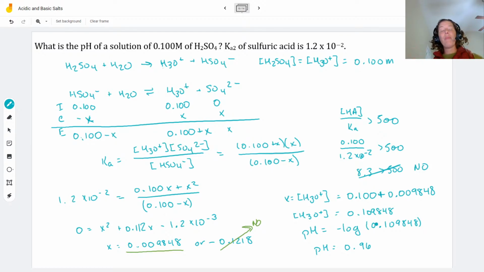It is dropping your pH even lower than what you would expect if you just took into account your first step alone. And what you'll find is, again, the smaller the concentration of sulfuric acid, the more that second step counts towards calculating your pH, because it's going to contribute more percentage-wise along with the first step.